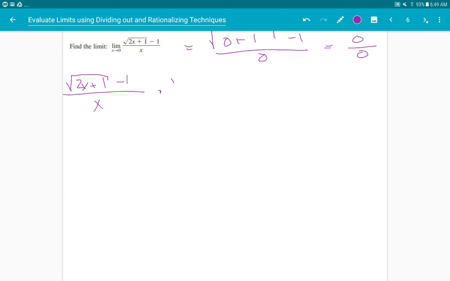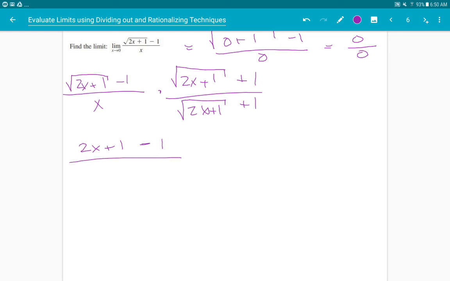So we're going to multiply by the square root of 2x plus 1 plus 1 over the square root of 2x plus 1 plus 1. All right, so when we multiply this out, the numerator is going to be 2x plus 1 minus 1. The denominator is going to be x times the square root of 2x plus 1 plus 1.